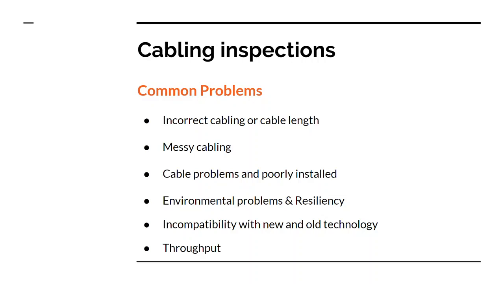Another thing that is very critical, it's already done in the infrastructure space, but in the IT space is really overlooked, is the common problems with cabling. Specifically, it could be the incorrect cabling coming from your server room between devices, the cable length, sometimes it goes over 100 meters.